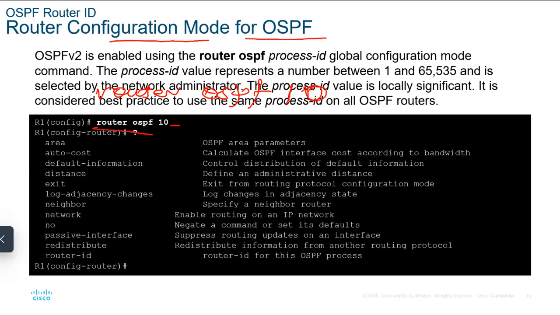So after executing this command, the mode is going to change to router configuration mode, which is this. And in this mode, these are the commands that we can execute: area, auto-cost, all this, and up to router-id.